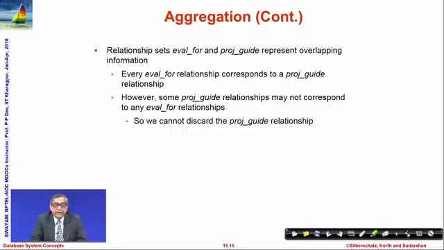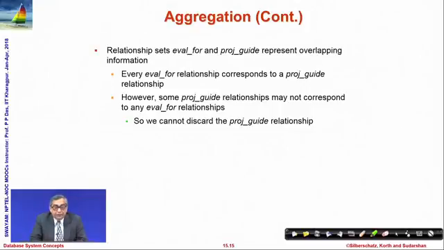That is, if I have an entity in eval for relationship, I will have a corresponding entity in the project guide relationship which specifies the student, project and the instructor. But the other way around, it is possible that some project guide relationship may not correspond to any eval for relationship. That is, it is possible that a project is allotted to a student with a particular instructor which has not yet been evaluated. The evaluation process is not complete or the time has not come.